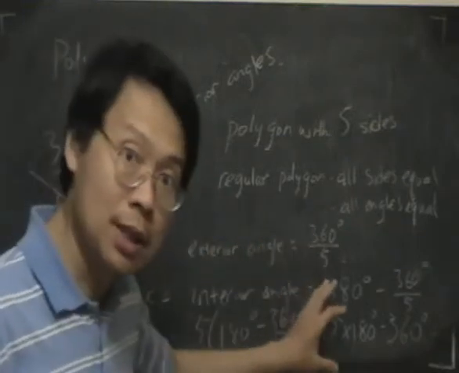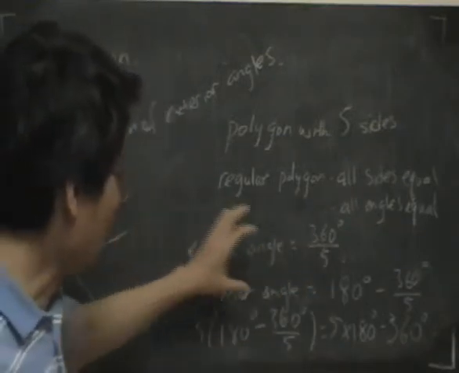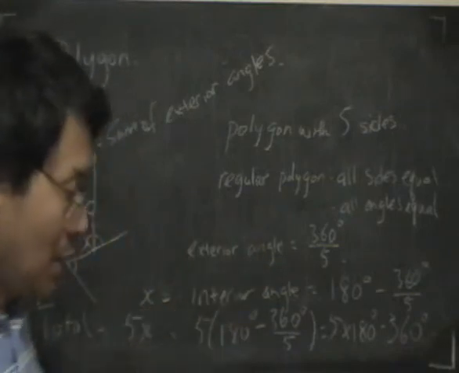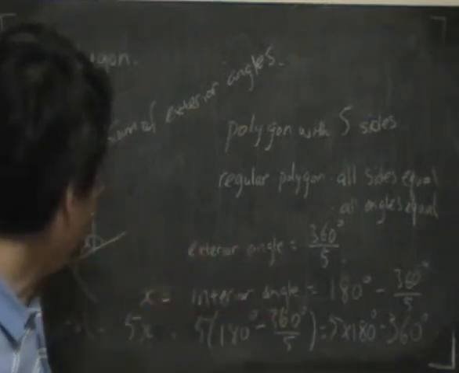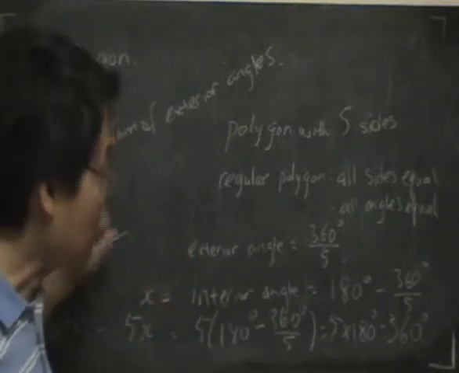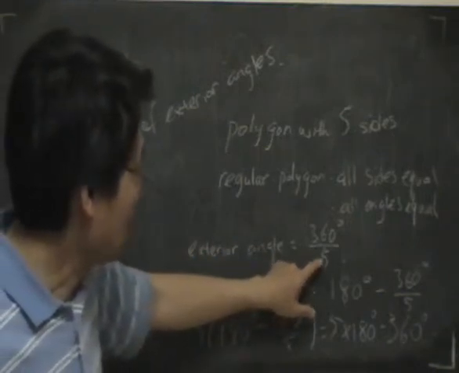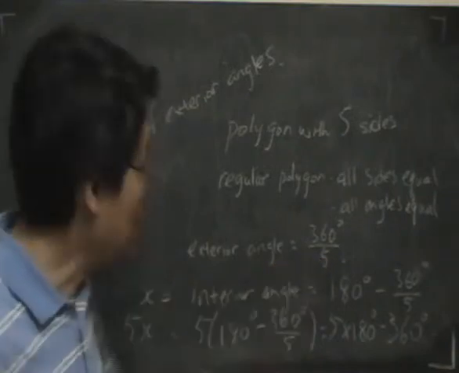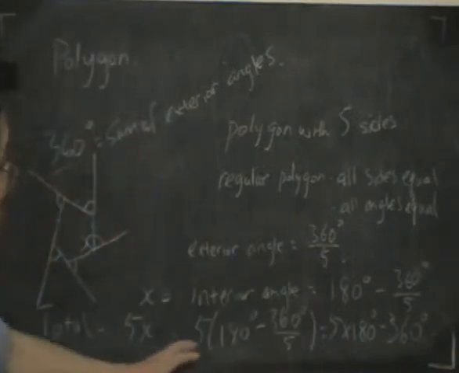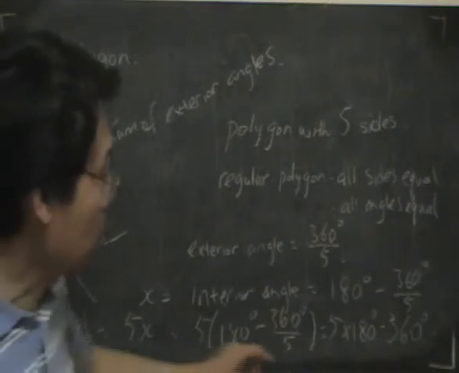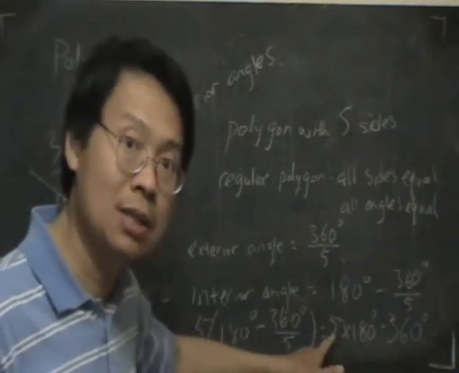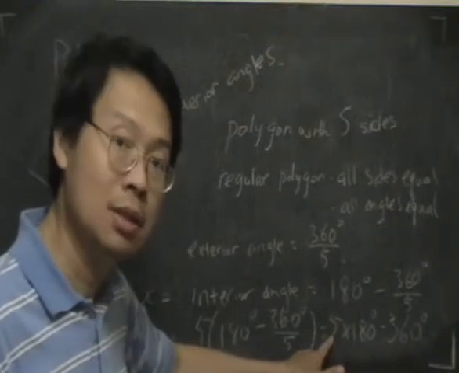Almost all the steps are the same, except that instead of 5 sides, you have 6 sides now. So you must divide by 6 for the exterior angle, and you must multiply by 6 for the interior angle. So you would end up with a 6 there instead of a 5.